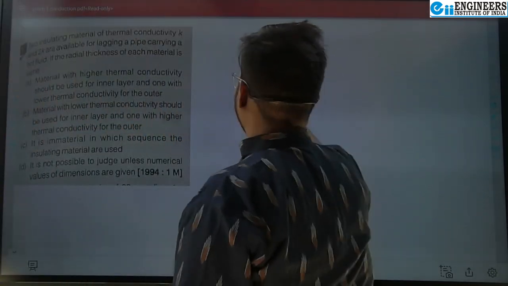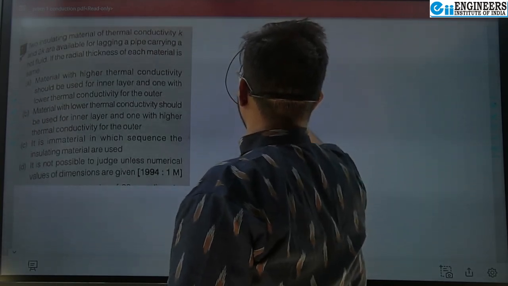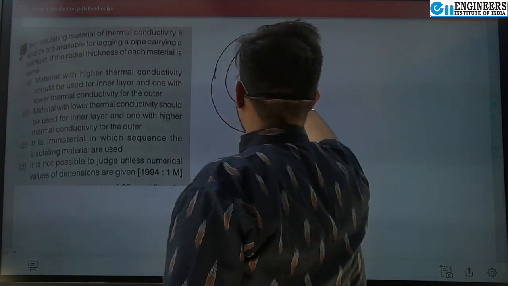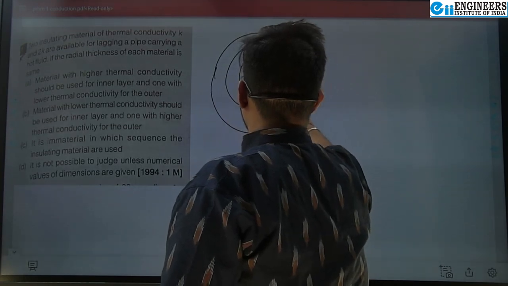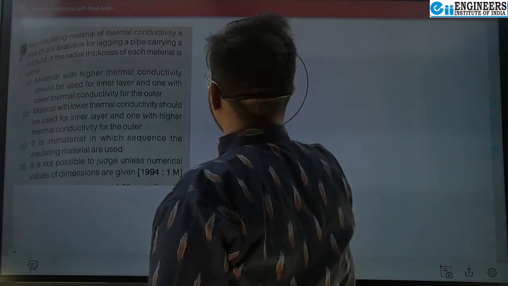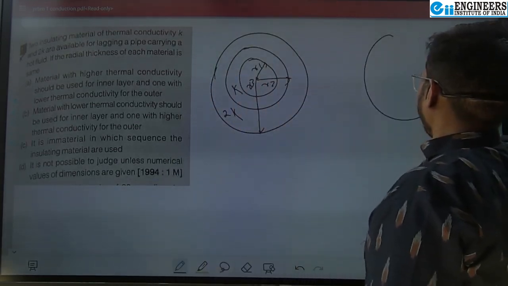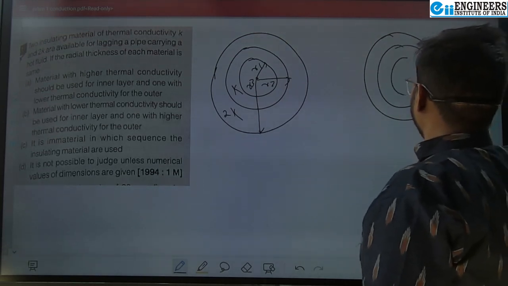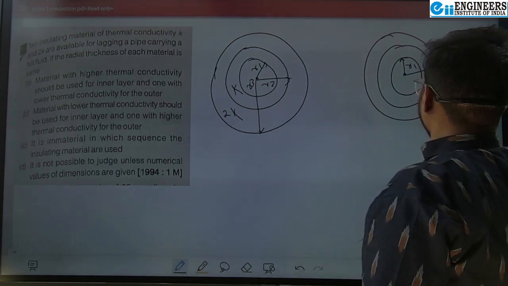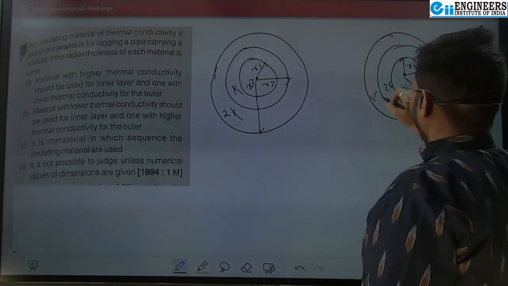It is a pipe. Suppose this is the first thickness, this is the second thickness, R1, R2 and R3. Here the thermal conductivity is K, here the thermal conductivity is 2K. Now let us consider another case, R1, R2, R3. Suppose this is 2K and this is K.